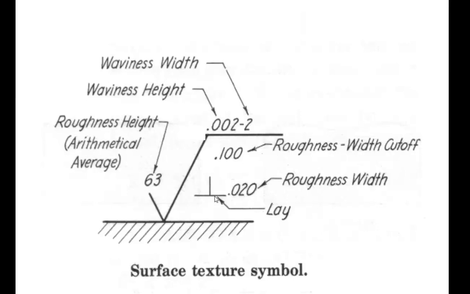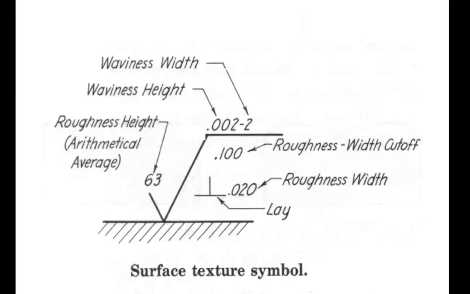If the lay, the direction of the irregularities over the surface, is parallel to the edge of the surface on the view, then we use a different symbol, the parallelism symbol. Roughness width value, if necessary, is written next to the lay symbol.